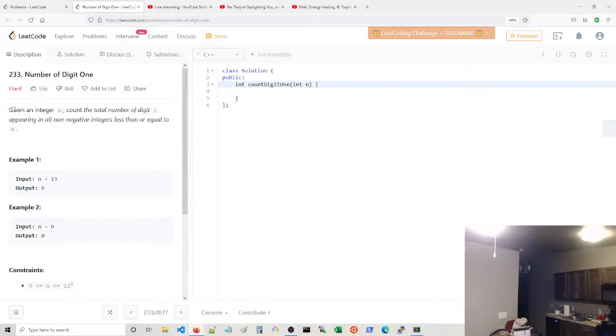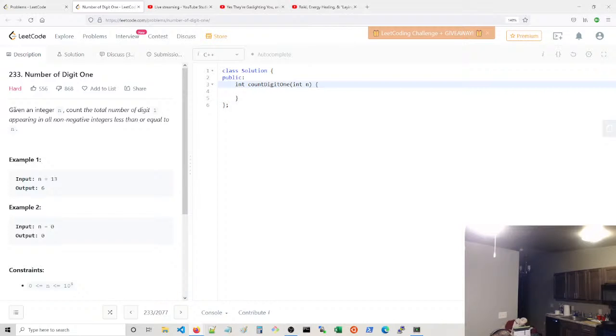So it looks like you have 1, 20, 300. The next iteration, that 300 is going to happen 10 times from 1,000 to 9,999, so you get 3,000.